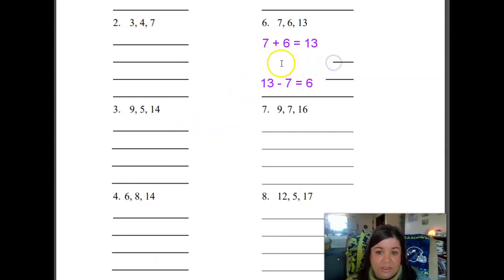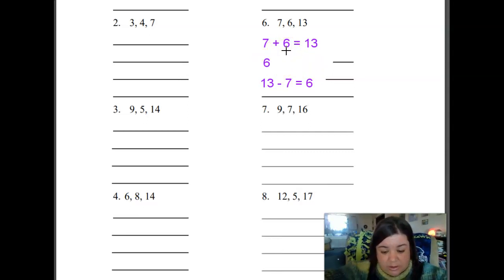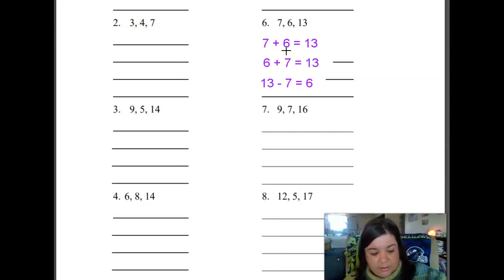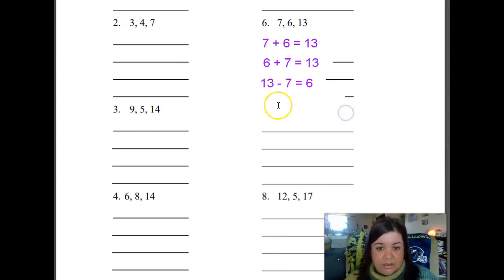Okay, our next addition problem. Well, I did 7 plus 6, so now I have to do 6 plus 7. And then we put our biggest number down. And then here, start with the biggest number because I'm doing subtraction. And I did 7 last time.